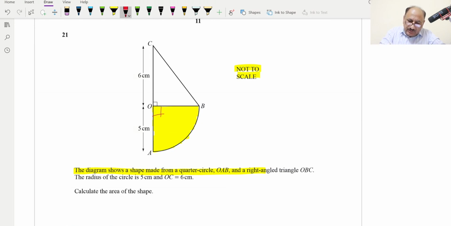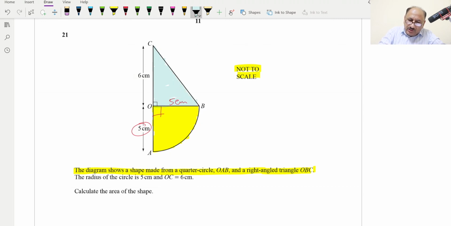This side is 5 centimeter. This will also be 5 centimeter. And right angle triangle OBC. So this is right angle triangle, and this is OBC, which is right angle triangle.